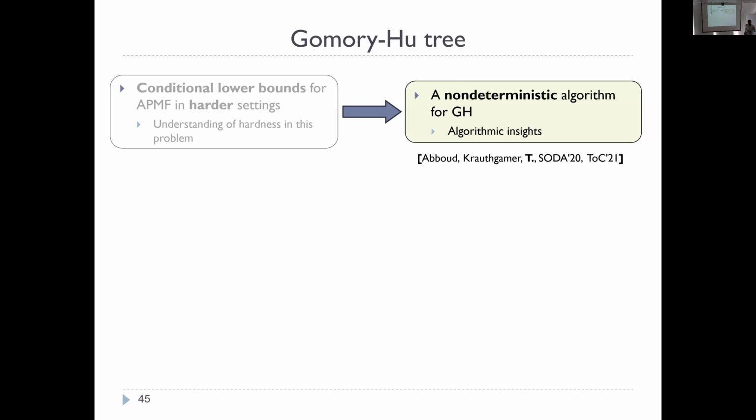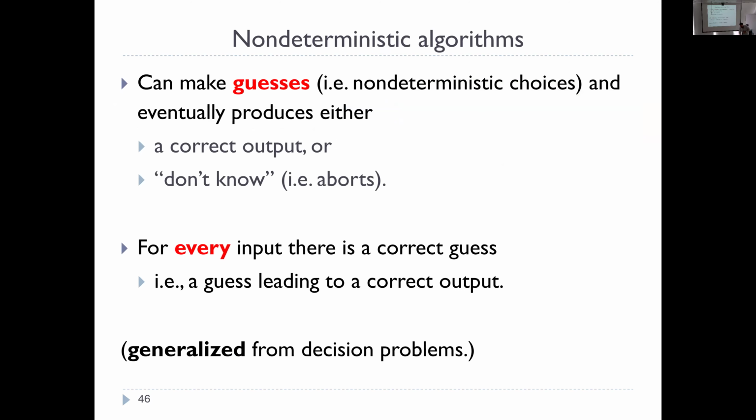Okay, so the second step, we focused on the Gomory-Hu tree problem, but we allowed ourselves to use non-deterministic algorithms. This is not the standard model. What is non-determinism in this context?